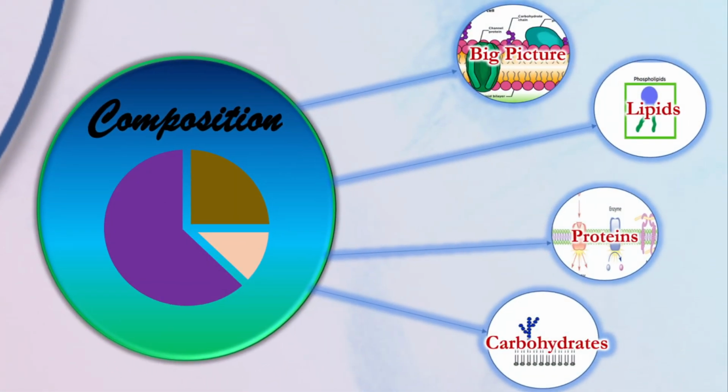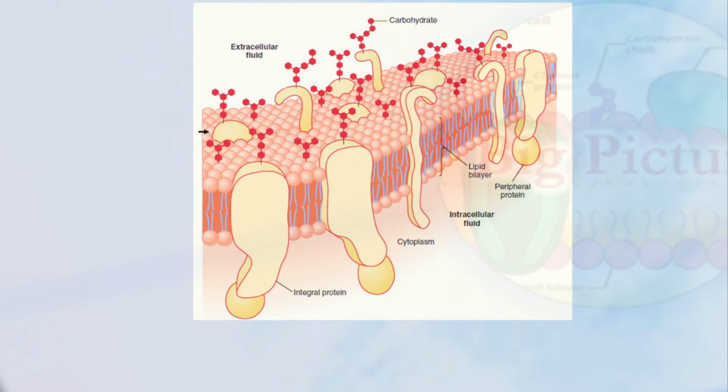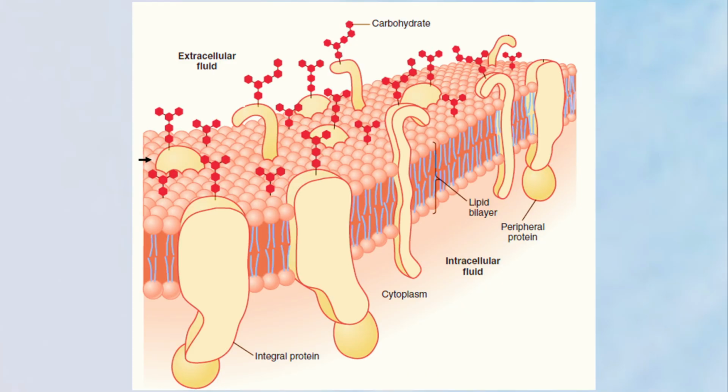The composition of cell membrane. The major constituents are lipids, proteins, and carbohydrates. You have the extracellular fluid here and the intracellular fluid on this side. Lipids are arranged in two layers, that's why they call it a lipid bilayer.